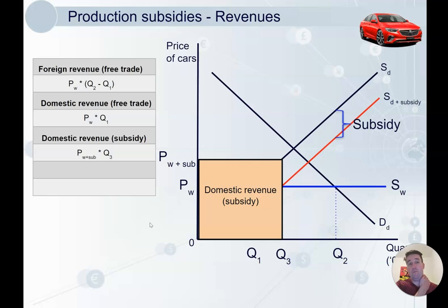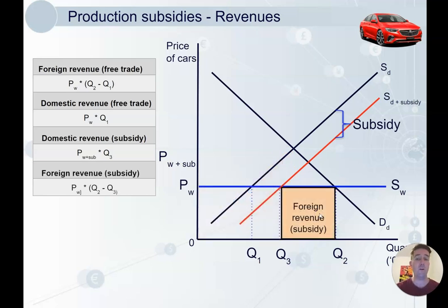Domestic revenue for firms, if they receive a subsidy: consumers still pay the world price, but firms also get what the government gives them, right? So they get more revenue. So the revenue they receive is PW plus the subsidy, that vertical distance between the supply curves there, okay?